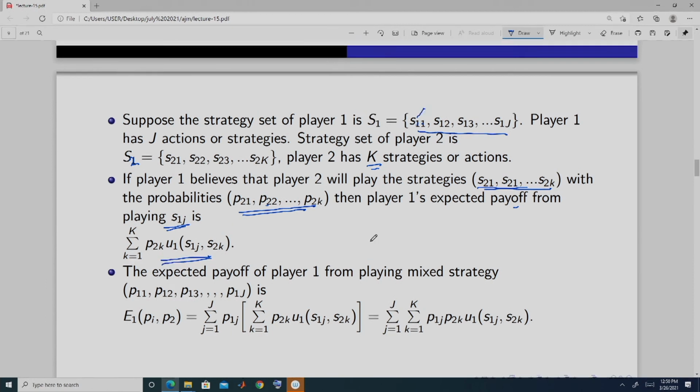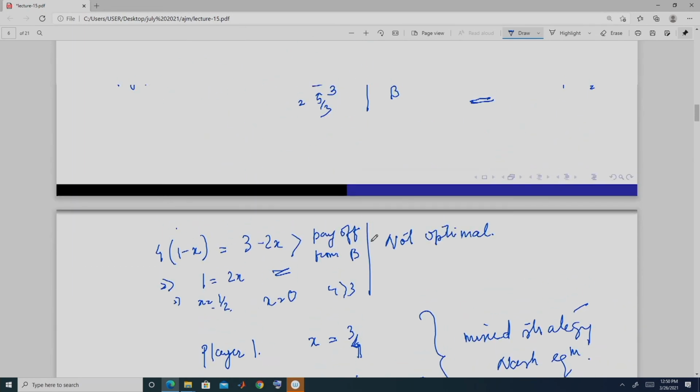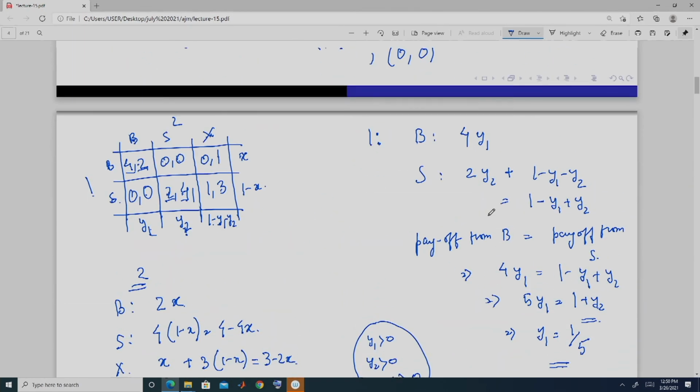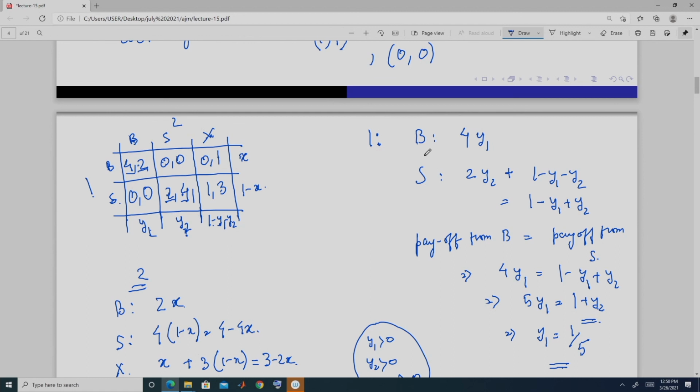When player 1 is playing B, it is summing over all the possible outcomes from B's action: B with probability y1, S with probability y2, X with probability 1 minus y1 minus y2.